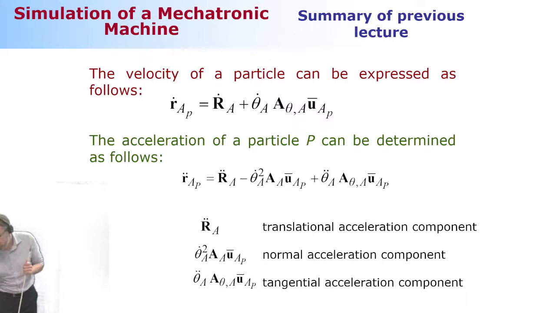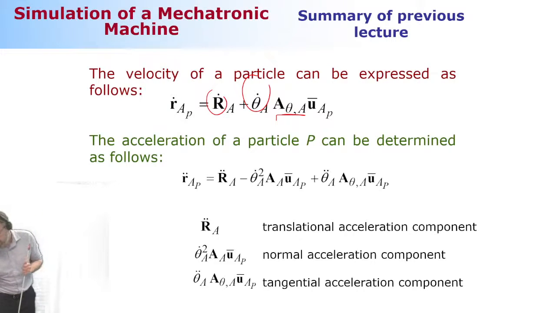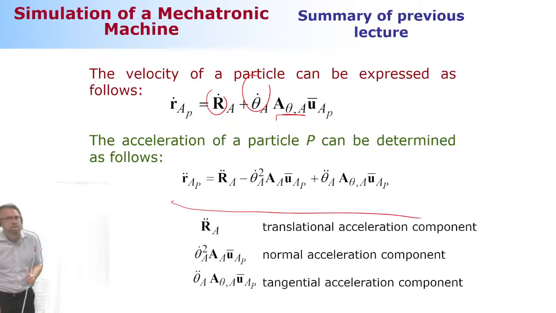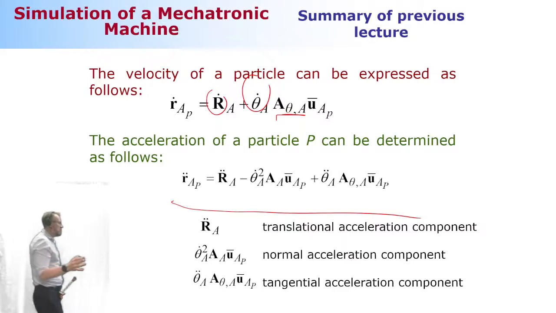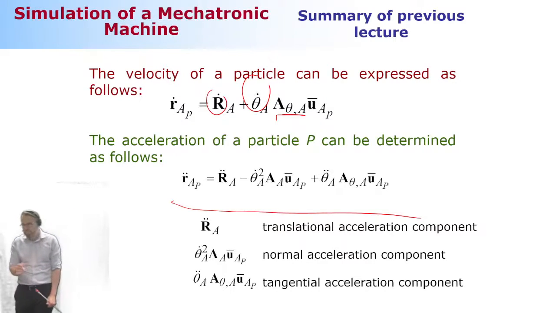So it is translational velocity, angular velocity, and this is a rotation matrix that is rotated 90 degrees, and that's it. Acceleration consists of three components, which is a little bit of bad news for us because inertial forces will be related to these three components. Some of the inertial forces will be linearly related to acceleration.